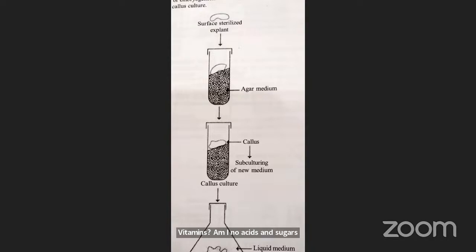So all these nutrients mixed in distilled water, that is called liquid media. So it means liquid medium does not have agar. If the agar is applied, that medium is called solid media.